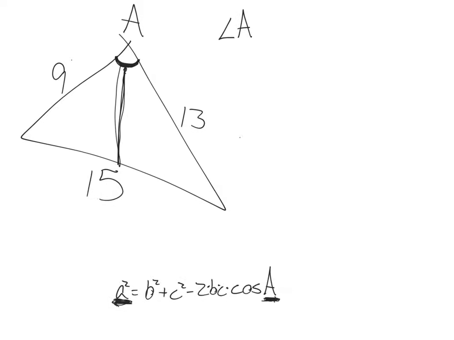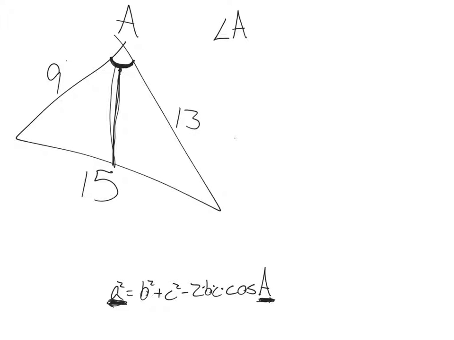So I'm going to make it 15 squared equals 9 squared plus 13 squared minus 2 times 9 times 13 times the cosine of the angle across from 15.